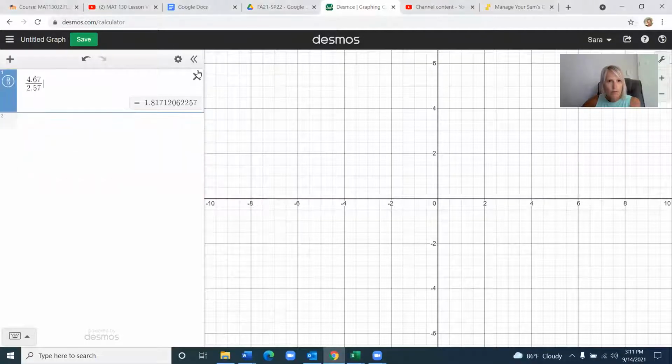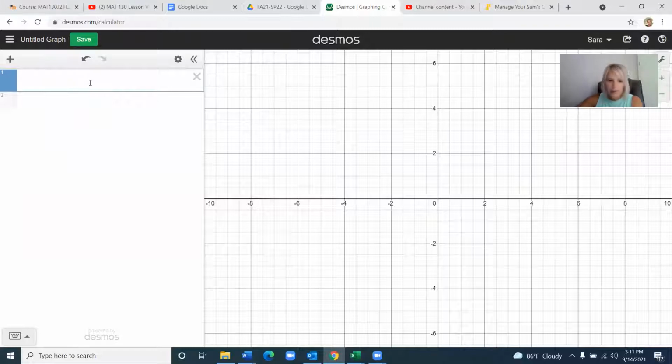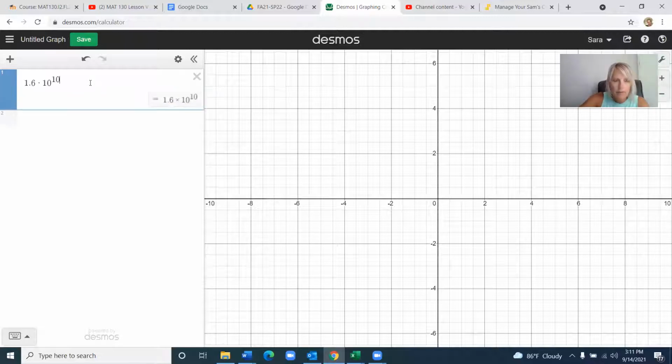Okay. So in Desmos, I'm going to do 1.6 times 10 to the 10. And then on bottom, I have 1.23 times 10 to the 8.